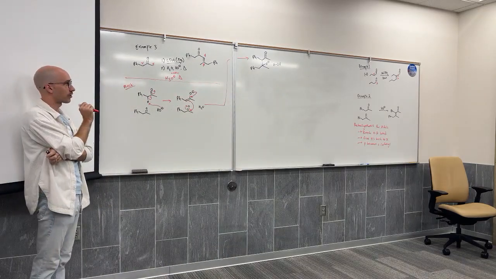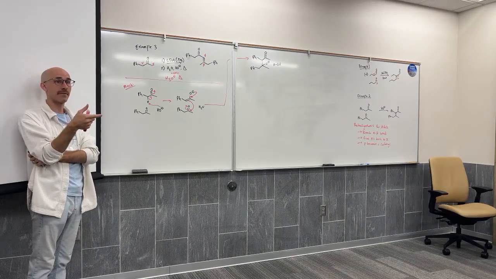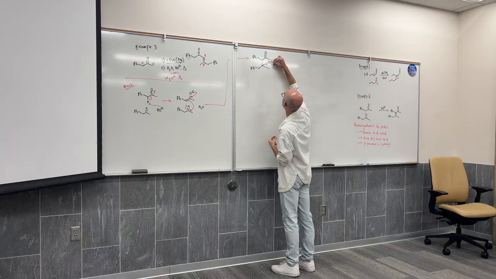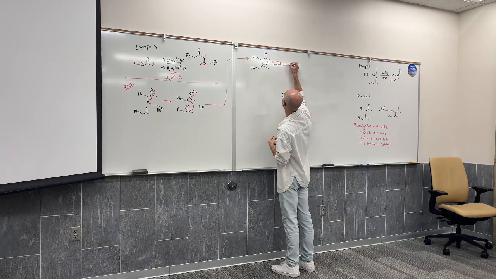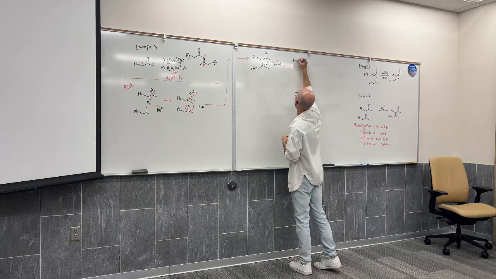I've redrawn water, explicitly showing an OH bond because the next step is protonation. O minus gets protonated by water and gives me my aldol addition intermediate.